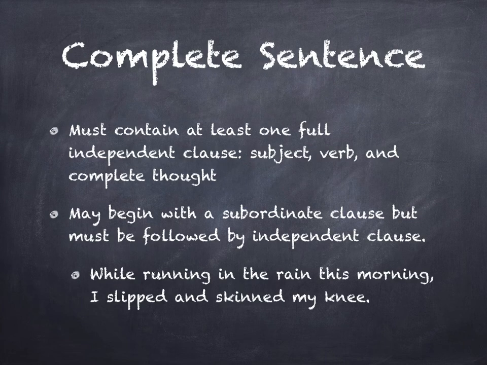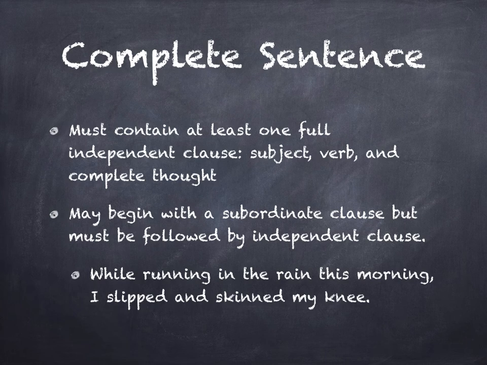A complete sentence must contain at least one full independent clause. An independent clause will have a subject, a verb, and a complete thought. It may begin with a subordinate clause, but it must be followed by an independent clause.